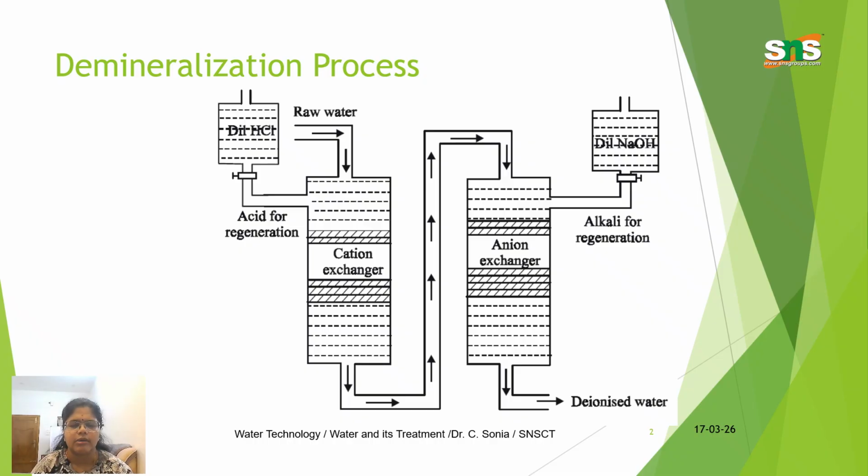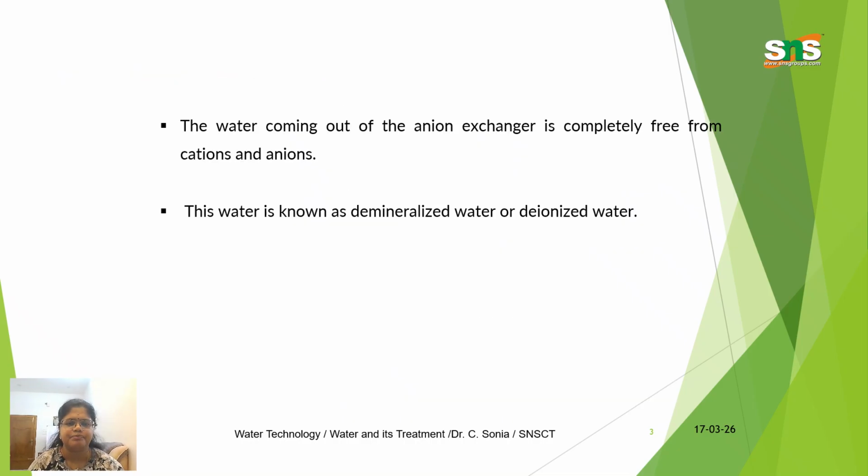The water coming out is deionized water, where all the ions are removed. So let's go for the process. Water coming out of the anion exchanger is completely free from cations and anions. This water is known as demineralized water or deionized water.